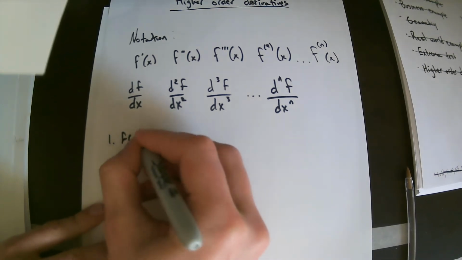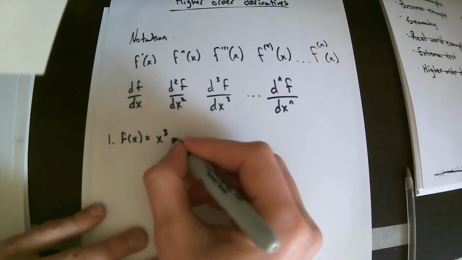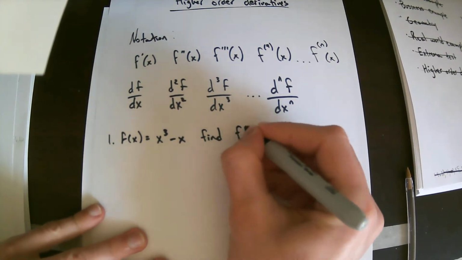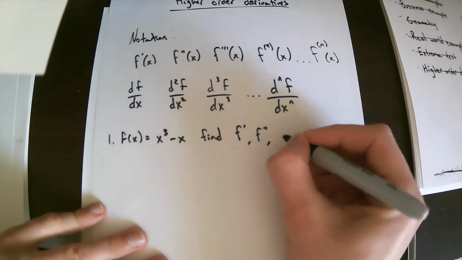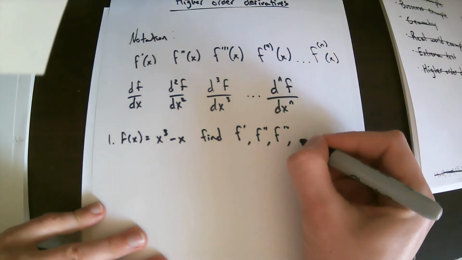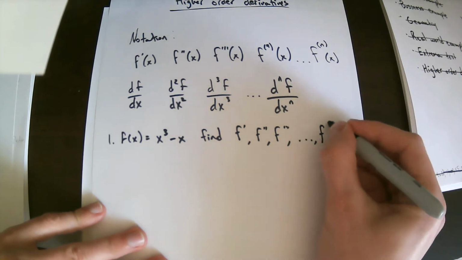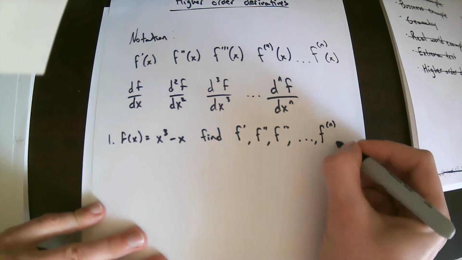Okay, let's practice taking some higher order derivatives. Let's say f of x equals x cubed minus x. Let's find f prime, f double prime, f triple prime, and let's go all the way up to the nth derivative. Would it be possible for us to find the nth derivative?